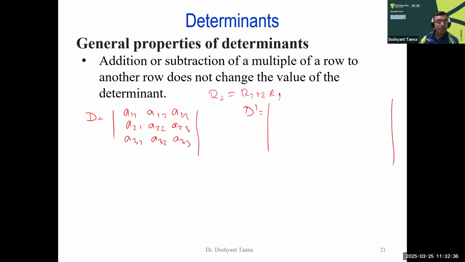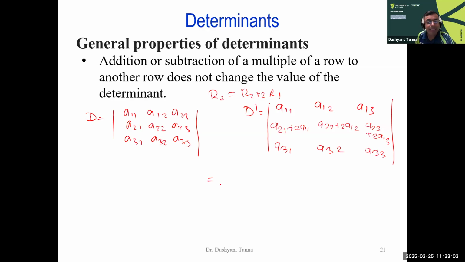I'm multiplying row 1 by 2 and adding it to the second one. So the first one doesn't change: A11, A12, A13. Then A21 plus 2A11, A22 plus 2A12, A23 plus 2A13, and the third one doesn't change.